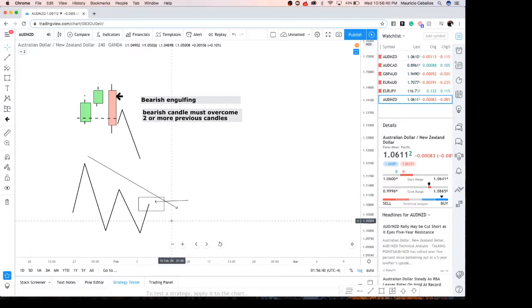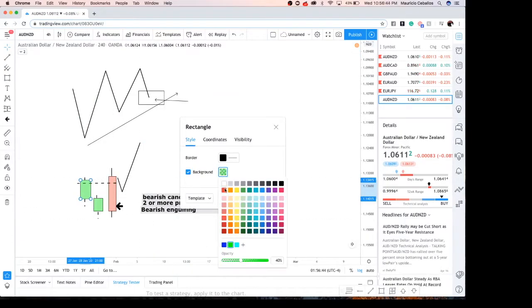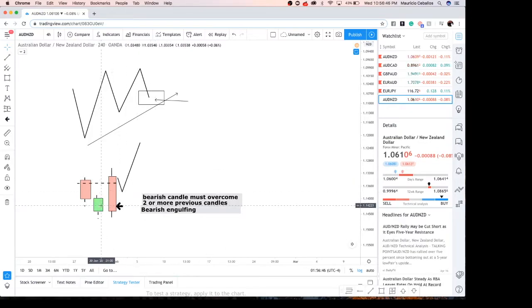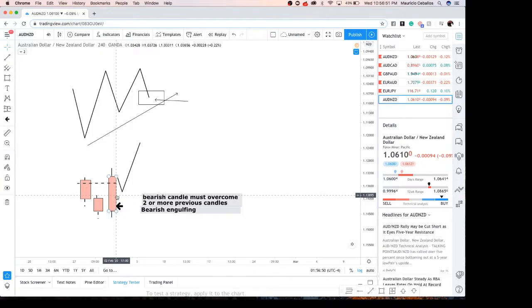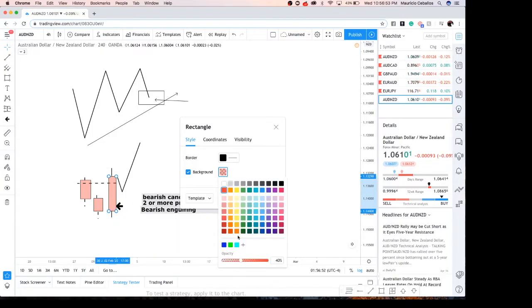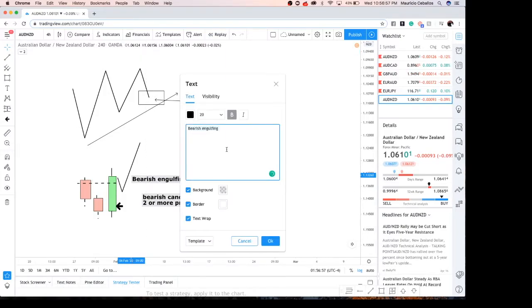Now, there's also the inverse, which is the bullish engulfing candle. It's the same scenario: one candle that is surpassing 2 or more candles. In this case, this right here would be considered the bullish engulfing candle.